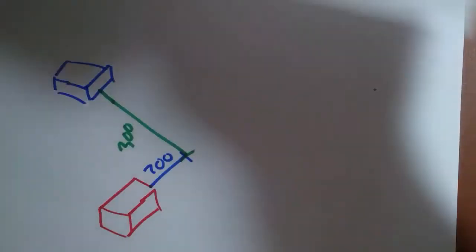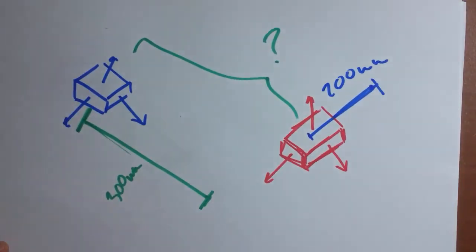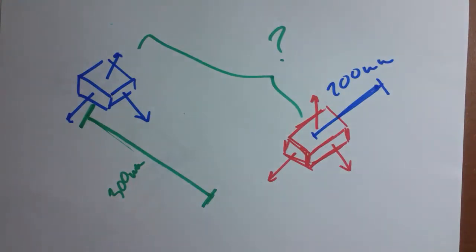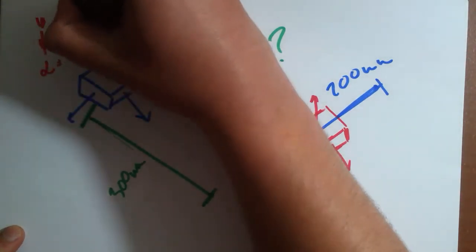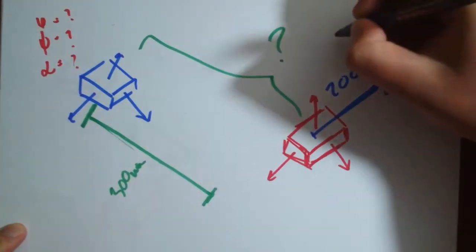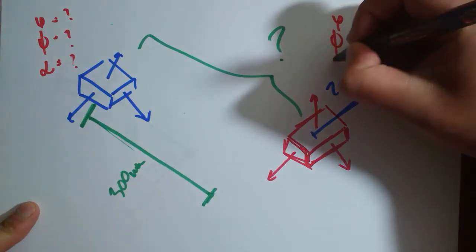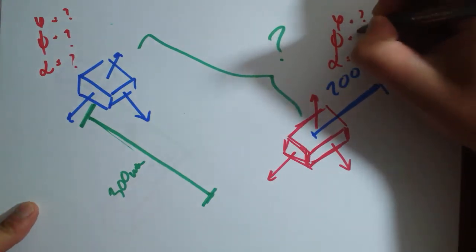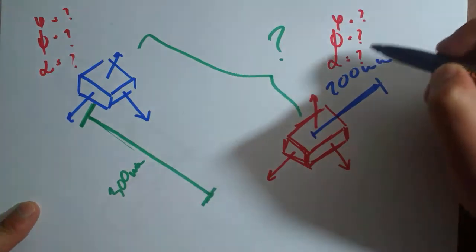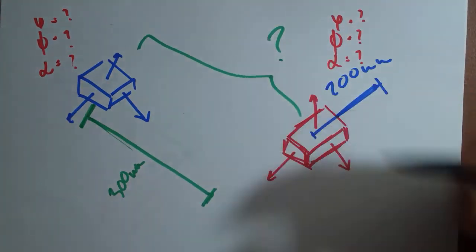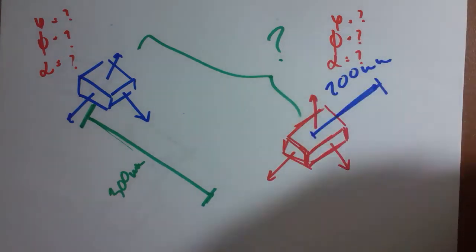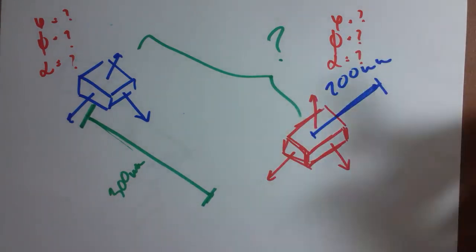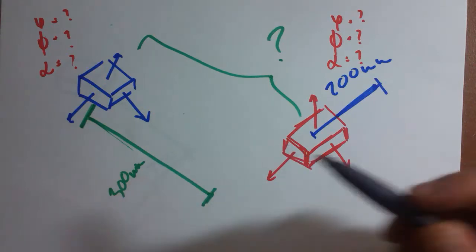I don't know if you guys understood what I did. Basically, this sensor has these three angles, and this sensor has these angles. Now I know the position of each sensor individually in space. However, because I made the robot, or I can measure the robot, I know the distance between the two sensors.